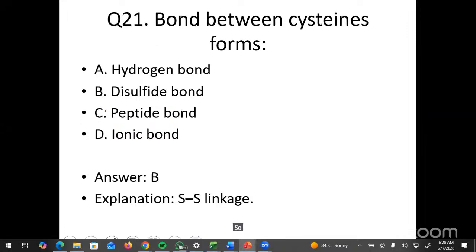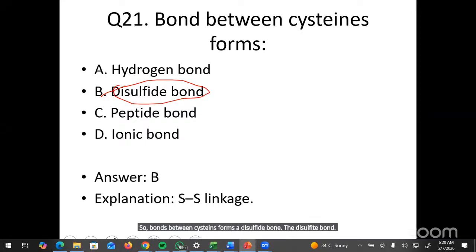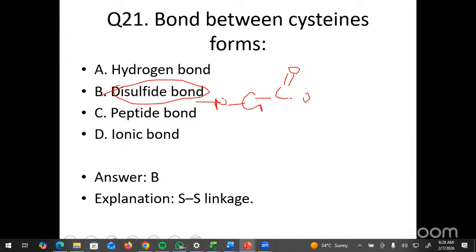So bonds between cysteines form a disulfide bond. A disulfide bond is between two cysteines: CH2 SH. This is cysteine.